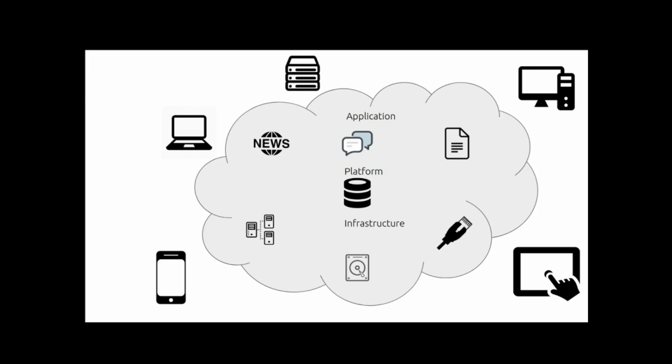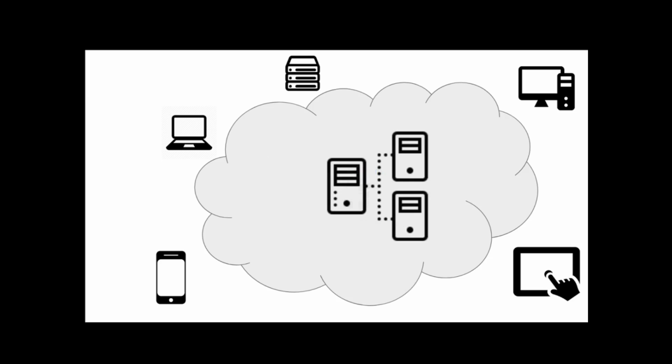And then the third way to access cloud resources is through infrastructure, where you would access things like compute, storage, or networking. Today, we will be using compute. That's the branch of the cloud resources that we'll be using.